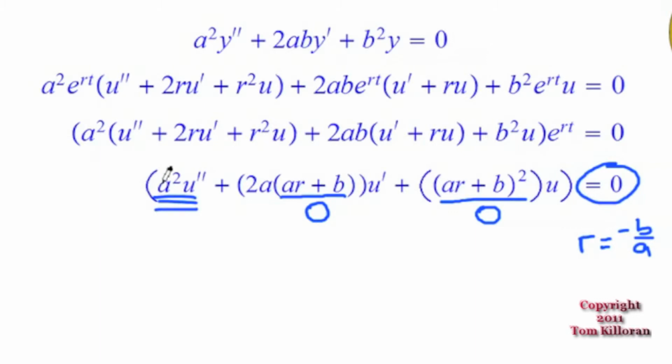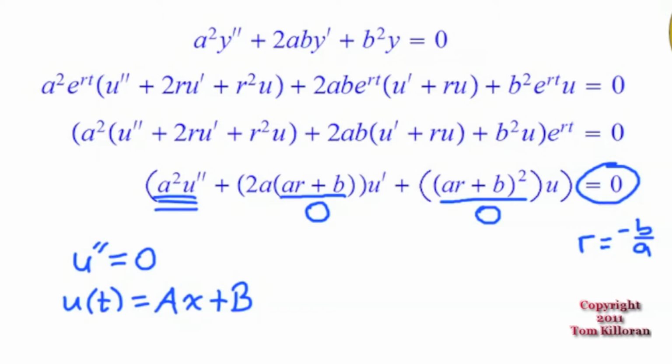But a can't equal 0 because we're dealing with a second order differential equation. So a squared definitely cannot equal 0. If a squared is not equal to 0, that means u double prime has to equal 0. And there is only one kind of function where the second derivative is automatically equal to 0. So u(t) has to equal a linear equation, something like ax plus b.